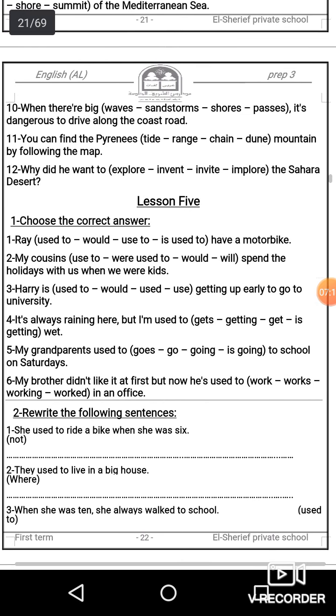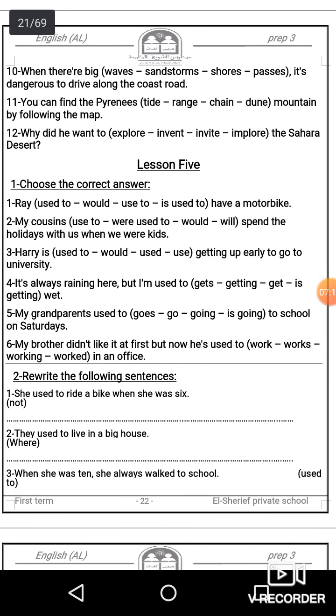Let's see number 10. When there are big waves, it's dangerous to drive along the coast road. So it's big waves. Number 11.